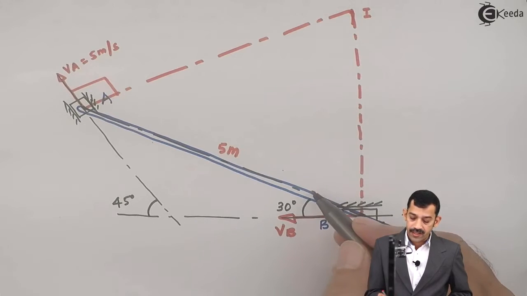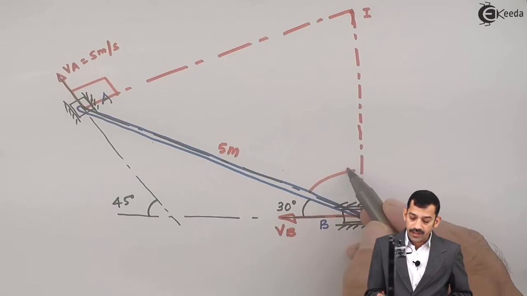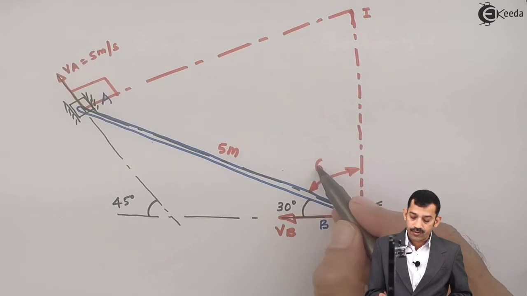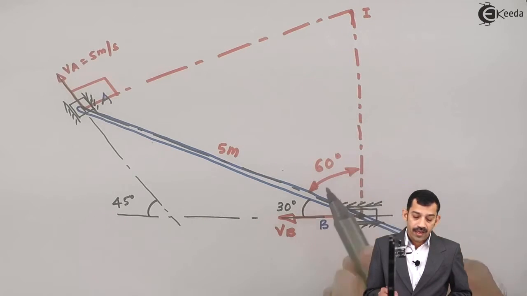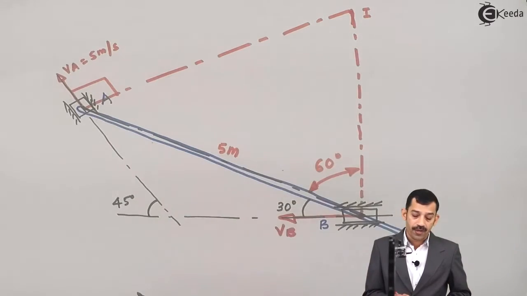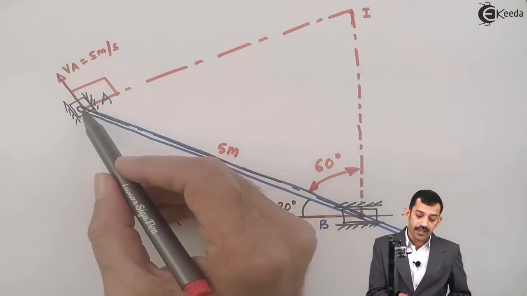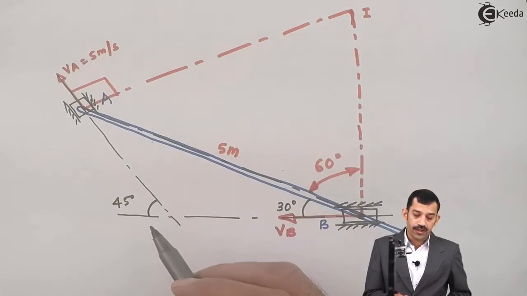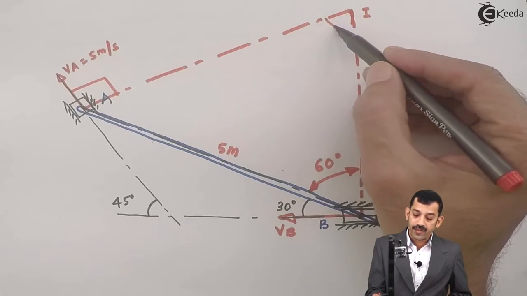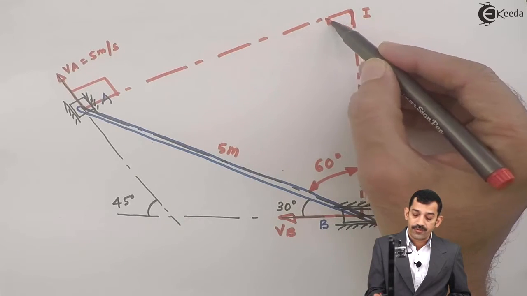As this angle is 30 degrees, what about the inclination of this bar with the vertical? It is 90 minus 30, which comes out to be 60 degrees. And as this line is inclined at 45 degrees and IA is perpendicular to it, the inclination of IA with the horizontal as well as with the vertical is again 45 degrees. That means this angle is 45 degrees.